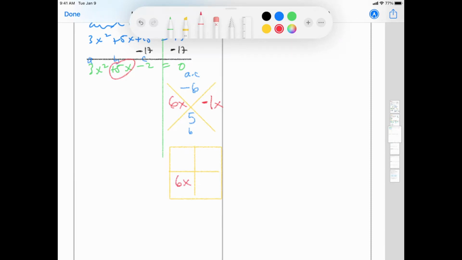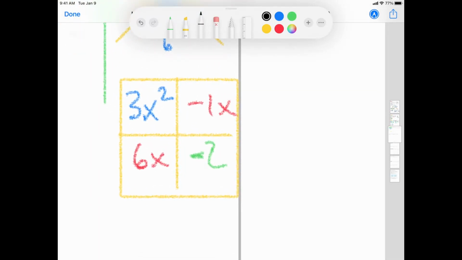This will always go right here. Always. 3x squared, top left, always, and -2 in the bottom right. Always. Whoops.